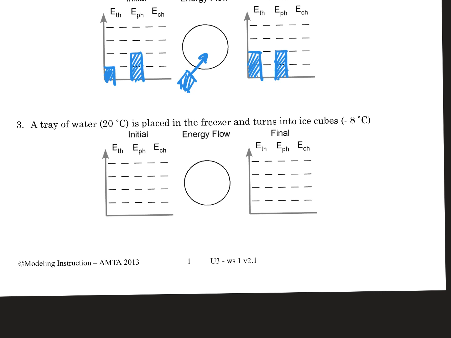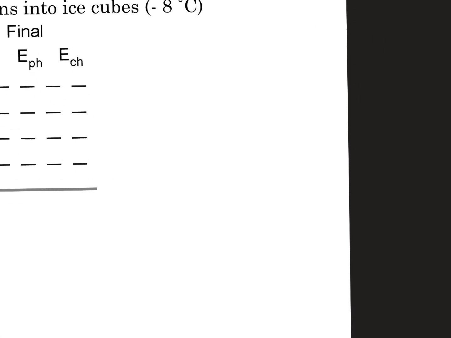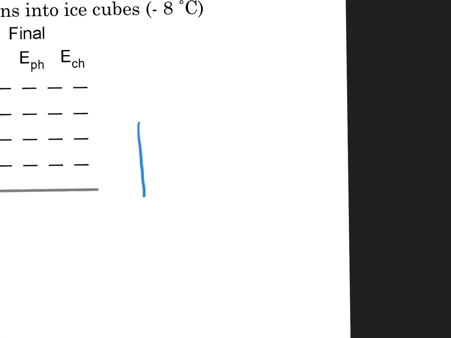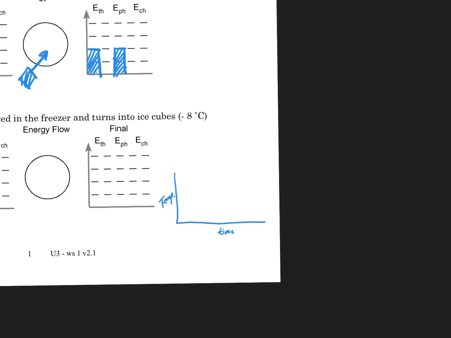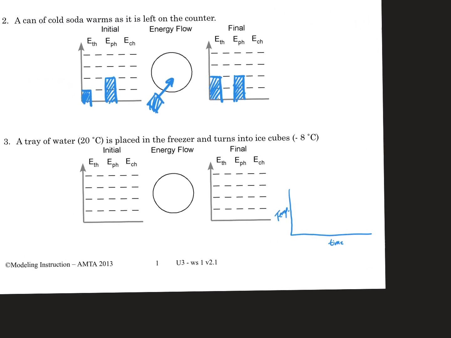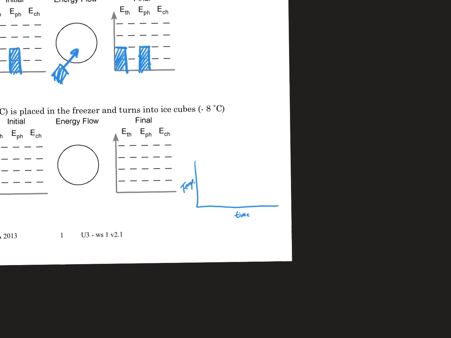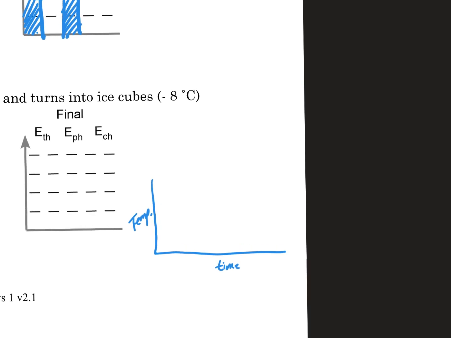We've got a phase change happening, and that makes a big deal, okay? In order to understand what's going on with this phase change, I'm going to draw a temperature time diagram. This is time, this is temperature, okay? And we're starting at 20 degrees Celsius, and we're going to freeze this water, and it's going to become minus 8 degrees Celsius.